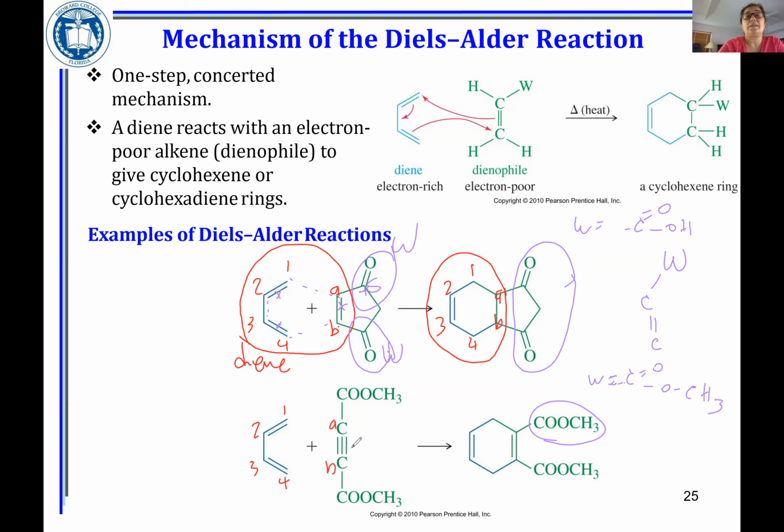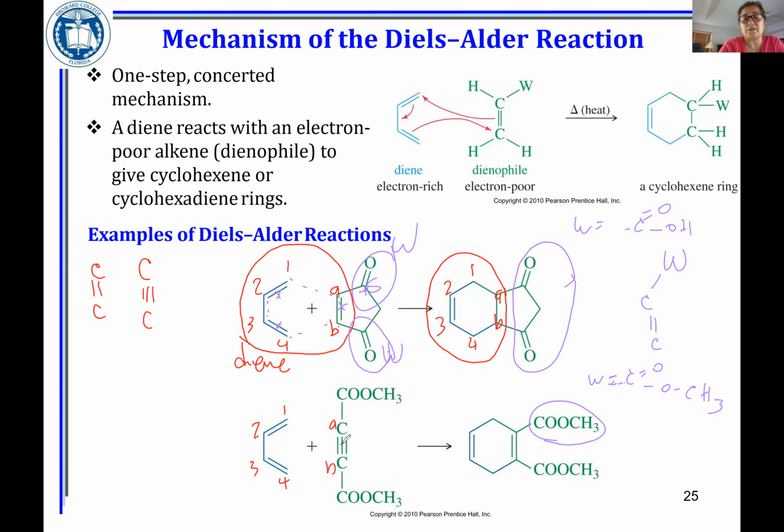Now, only one pi bond of the dienophile is going to break. Your dienophile could be a double bond or it could be a triple bond. If you listen to the first part of this recording later, you'll see I said that it could be a double bond or a triple bond. Both of them are dienophiles, and only one pi bond breaks.